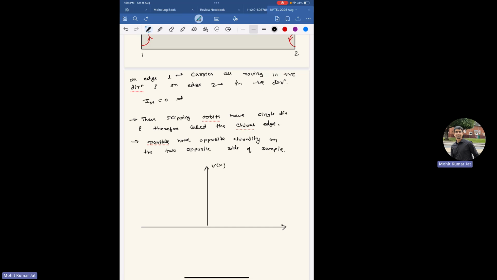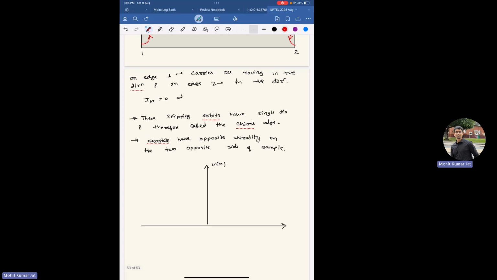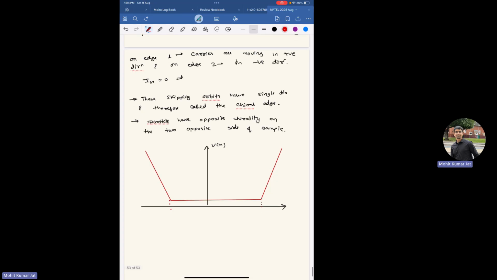So your Vx will be of this shape, right? Near the edge of the sample, your Vx will be diverging.